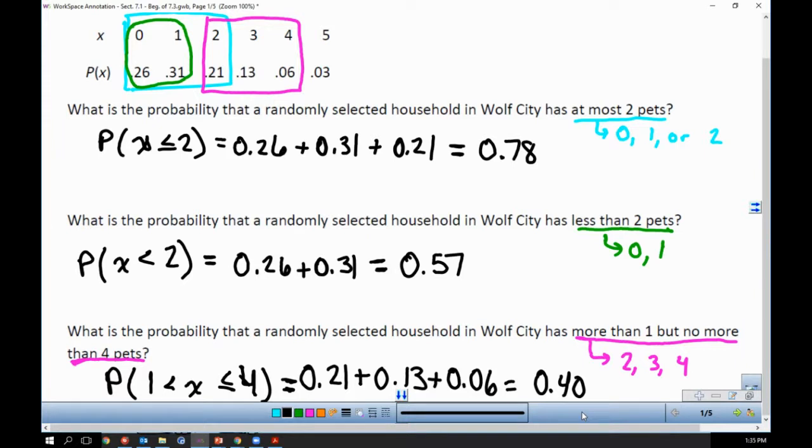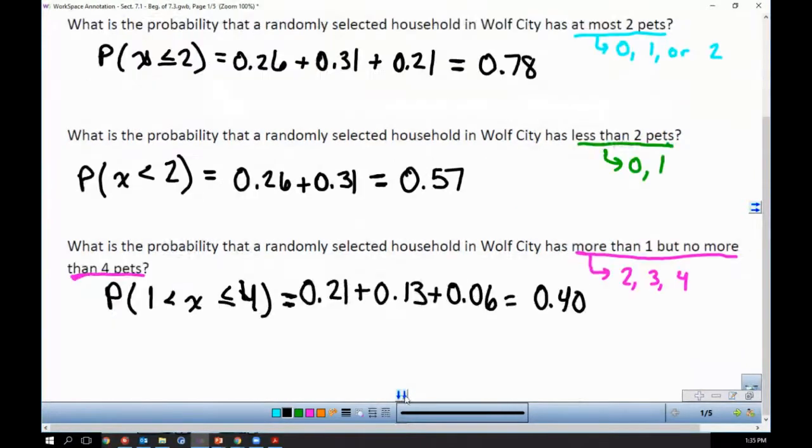Now throughout this process, notice the attention that I paid to my signs here. Less than or equal to, strictly less than, strictly less than or equal to.